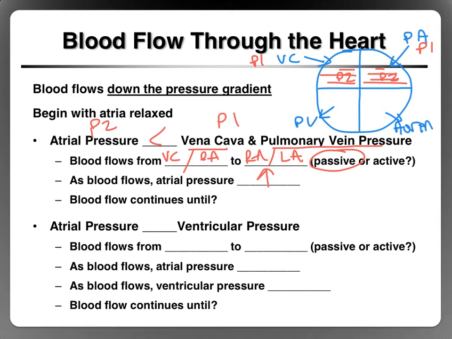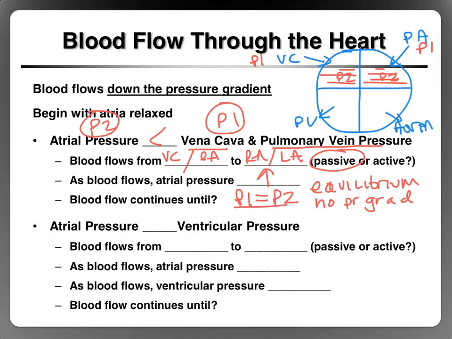Remember that we started with P2 less than P1. As P2 rises, eventually P1 and P2 will be equal. When P1 and P2 are equal, we call that equilibrium. And therefore there's no pressure gradient.